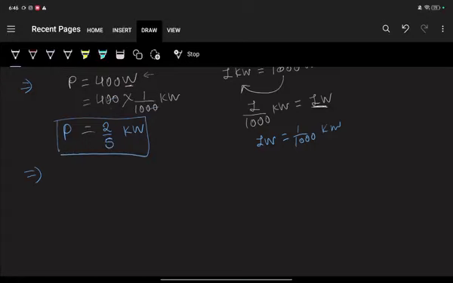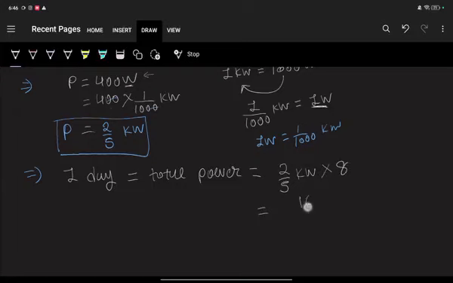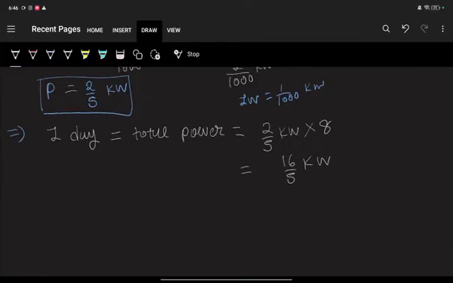For one day, its total energy will be 2 by 5 into 8, which is 16 by 5 kilowatt hour per day.